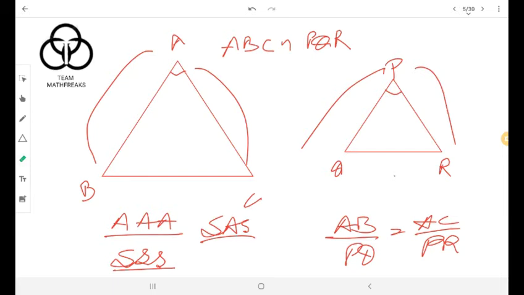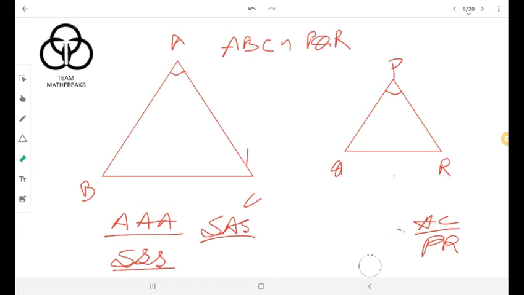This is our criteria, side angle side. Two sides are proportional and the included angle is equal. Then also we are getting similar triangles.